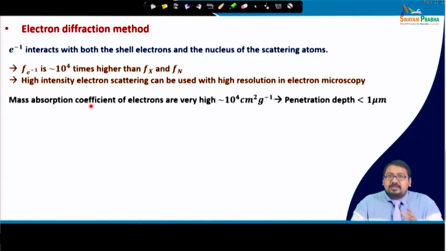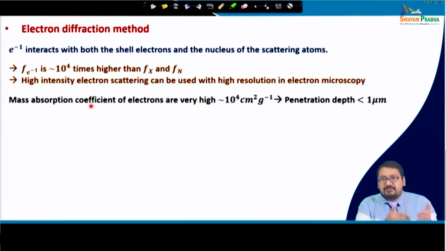So the penetration depth will be much lower than even 1 micron. Depending upon the atomic number of the material, if you have a lower atomic number material like magnesium or aluminum, it will have lower penetration depth and a lesser mass absorption coefficient.